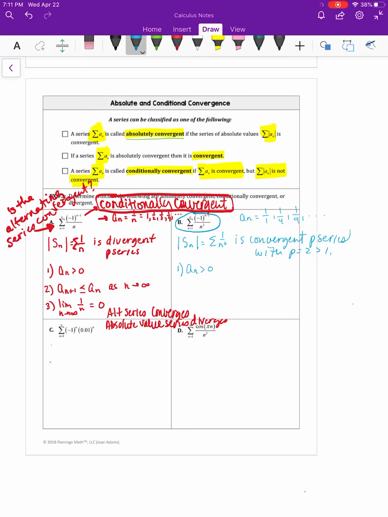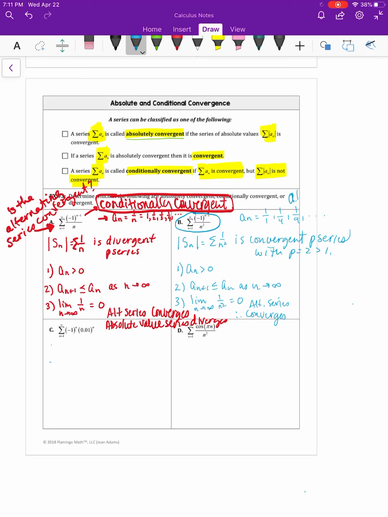Number 1, we should look at our a sub n. Our sequence is 1 over 1 squared, 1 over 2 squared, 1 over 3 squared. They're all decreasing, and they're all greater than 0. So the first thing, they're greater than 0. Second thing, they're decreasing as n goes to infinity.